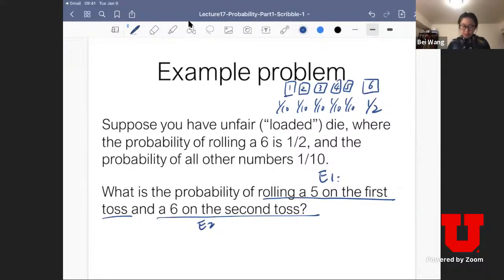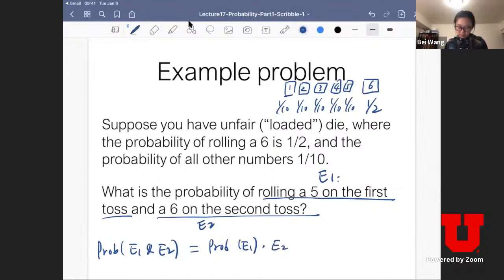Then the probability of event 1 and event 2, those are independent events, so that's the probability of E1 times the probability of E2.